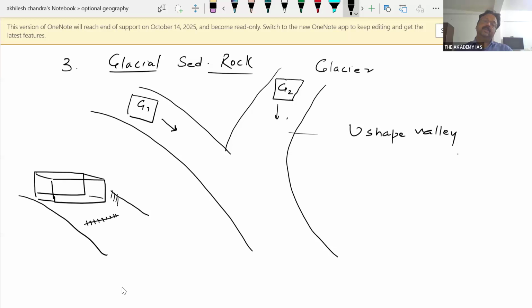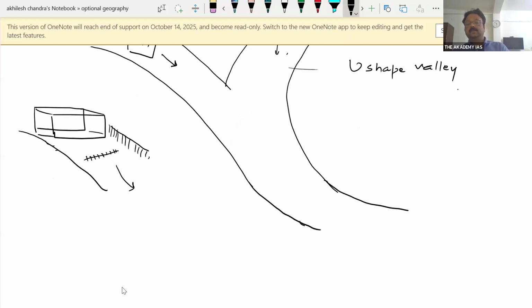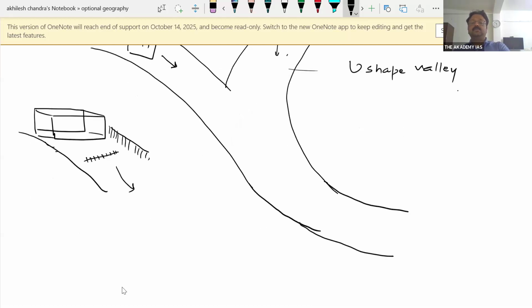The side wall is also eroded, so both side walls get eroded. That's why it forms a U-shaped valley. So here Glacier 1 and Glacier 2 are coming down the hill and meeting over here, both meeting as the valley reaches down the hill.